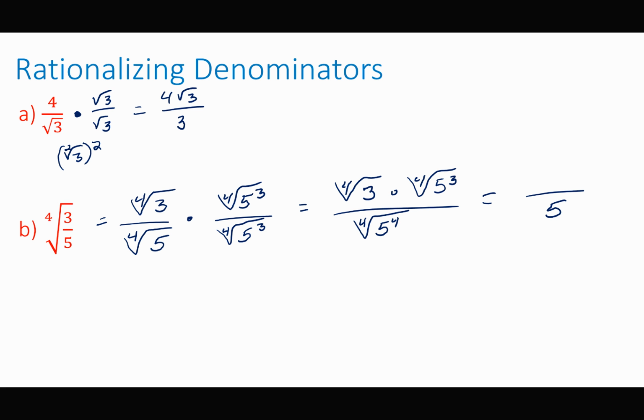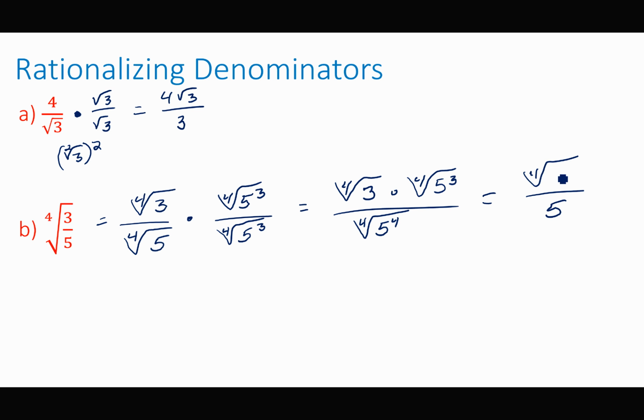Because if I had just done it to 5, it would have been the 4th root of 5 squared. Okay, that doesn't help me out. But when I did it to 5 cubed, it allowed me to combine those exponents with multiplication. I can combine the exponents. That's when I get just the 5 on the bottom.